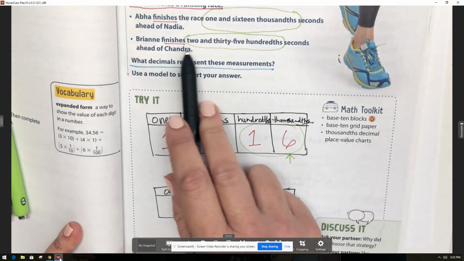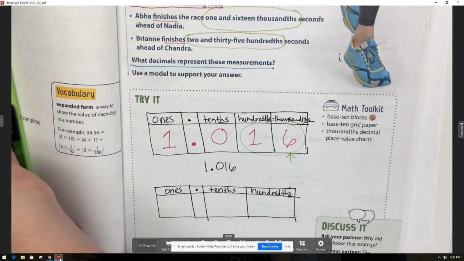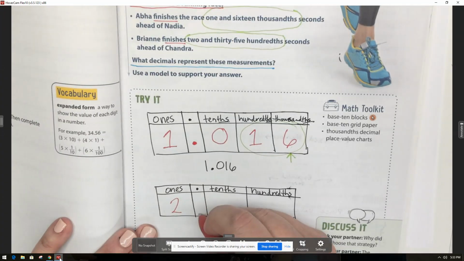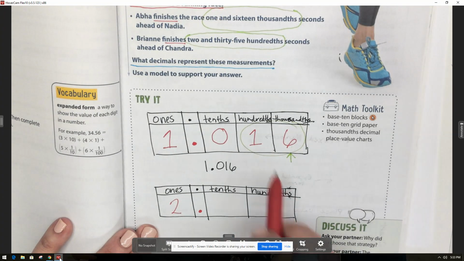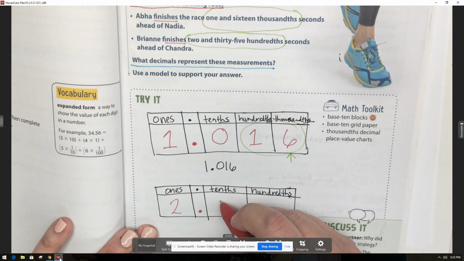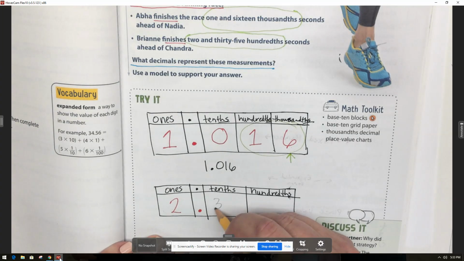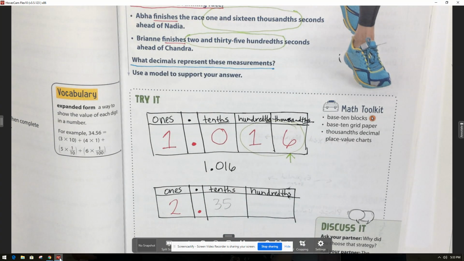So I'm looking at 2 and 35 hundredths. So how many ones do I have? I have 2. Then my decimal point. Then I have 35. All I have to do is write 30 and 5. Now, could I write 35 there?